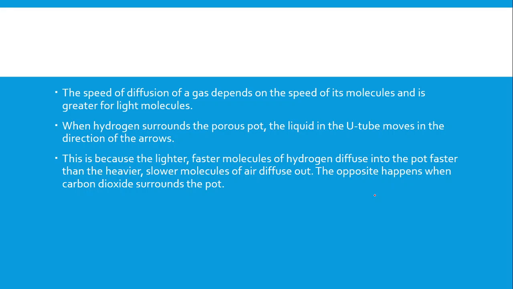That makes sense, because the lighter, faster molecules of hydrogen diffuse into the pot faster than the heavier, slower ones. The opposite happens when carbon dioxide surrounds the pot. That's very true. This is about it for this one.